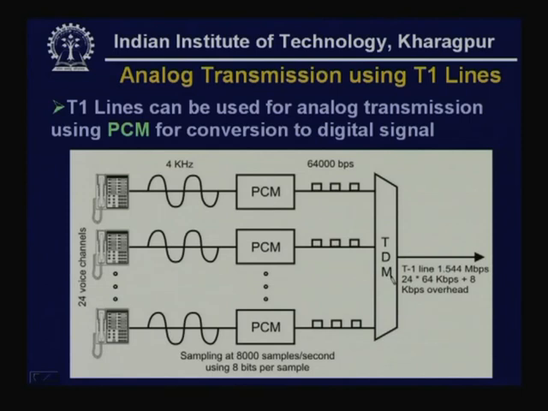Now, this has opened up a new option. Earlier, suppose a particular house or a business organization required 24 telephone lines, then from the telephone exchange it was necessary to connect by using 24 different twisted pairs of wire. So, 24 pairs of wire were coming from the telephone exchange to the business house.